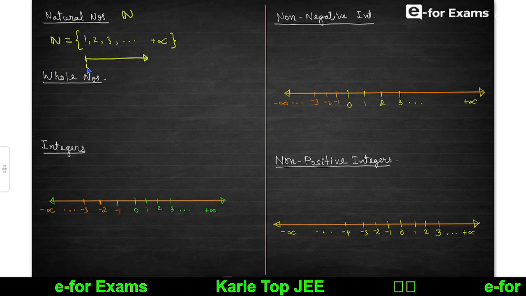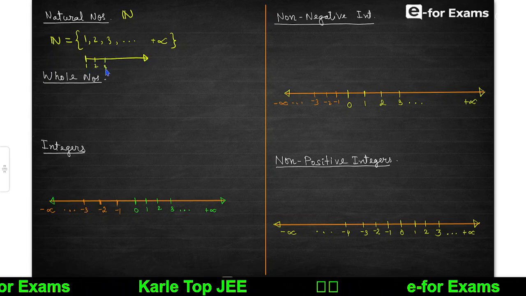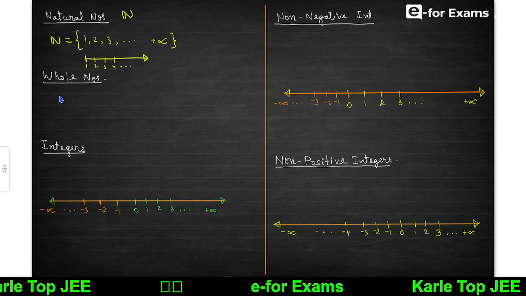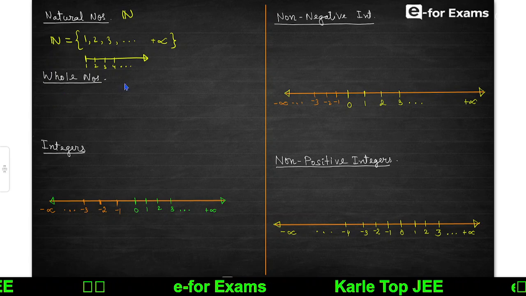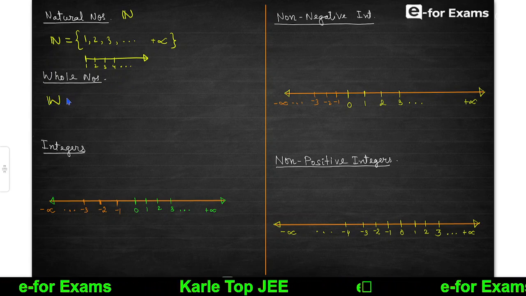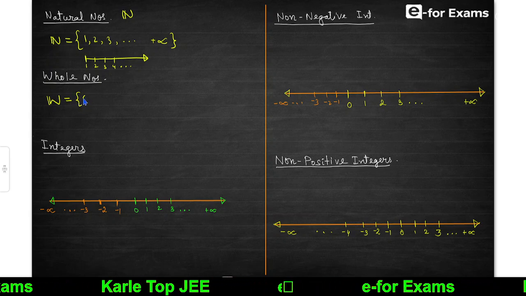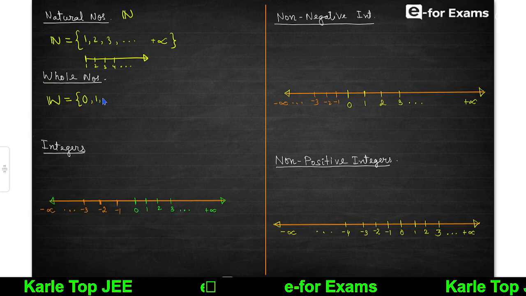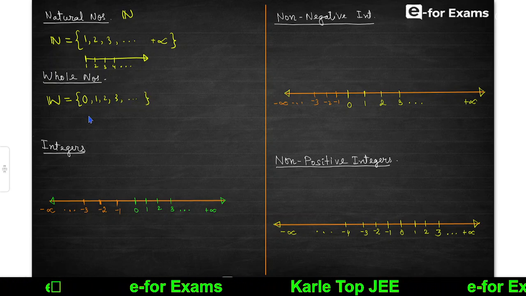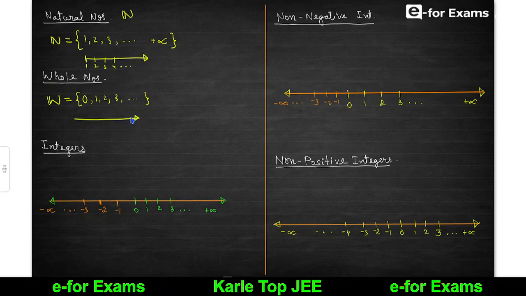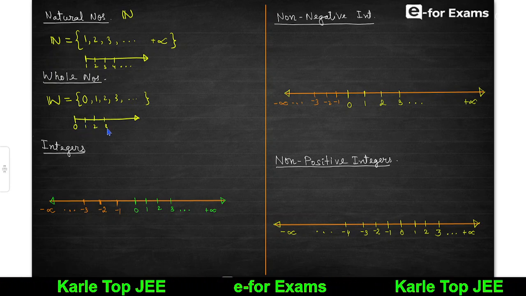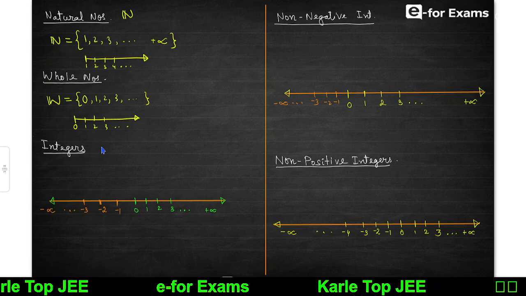Here it begins with 1, 2, 3, 4 and dot dot dot up to infinity. Next is whole number. Whole number is represented by W equal to 0, 1, 2, 3 and so on. On the number line, start with 0, 1, 2, 3.